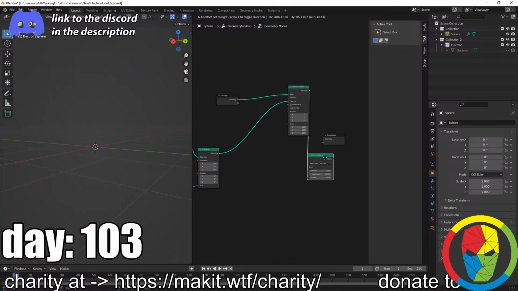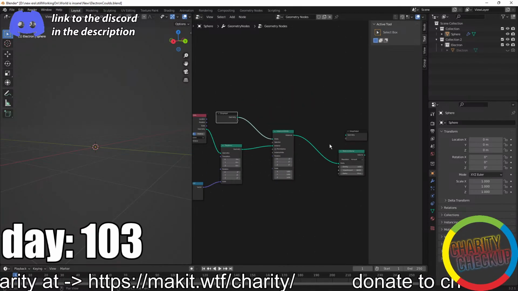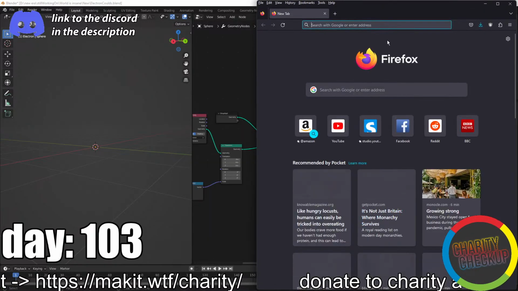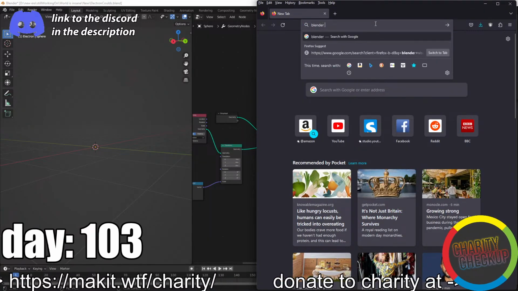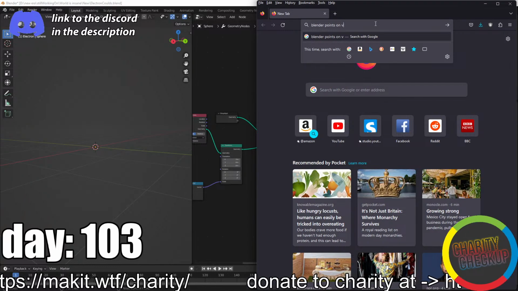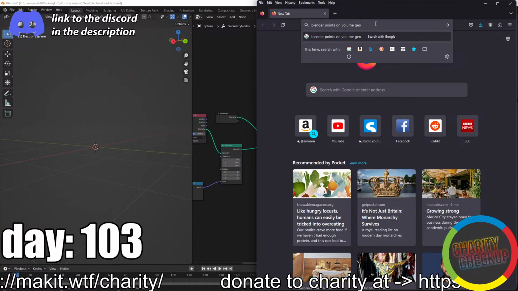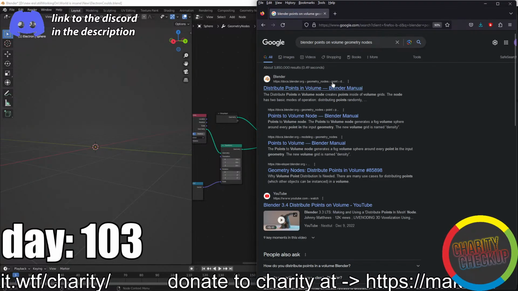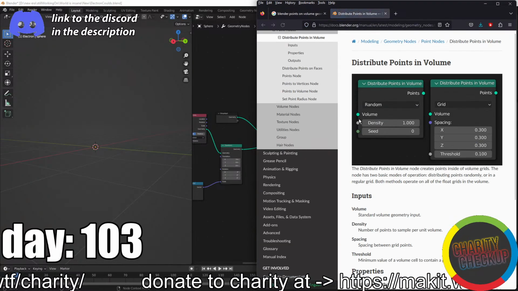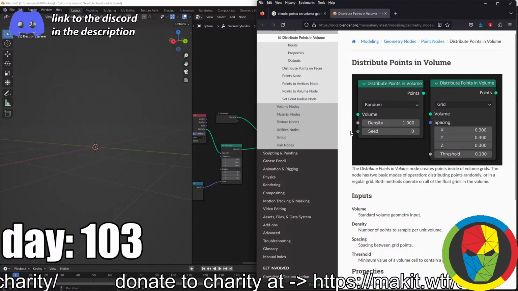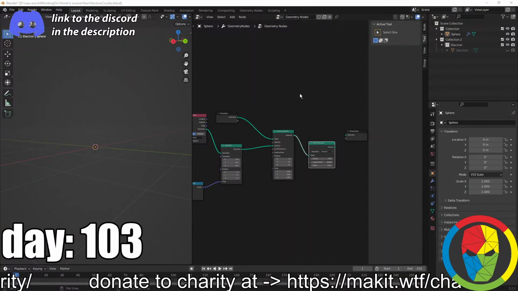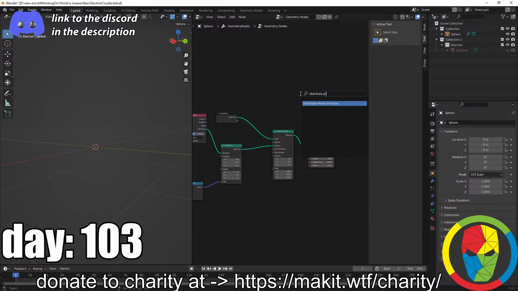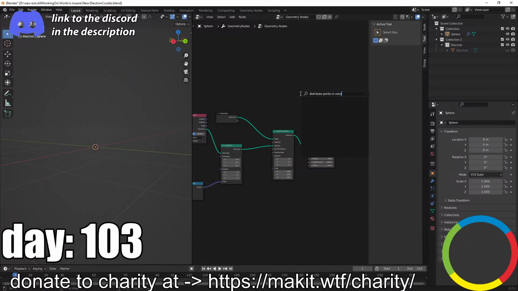Alright, so now we just have to figure out how to make this work, which means Blender points on volume geometry nodes. This is not a real thing. Distribute points in volume.